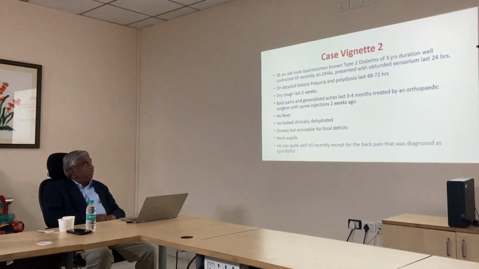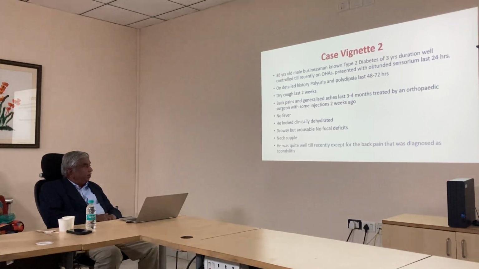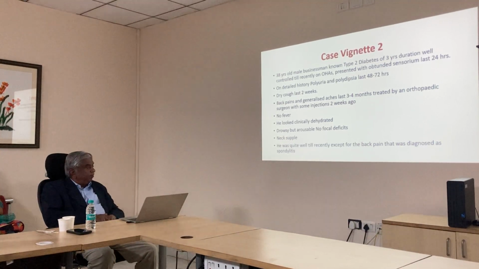On detailed history, there was polyuria and polydipsia last 48 to 72 hours, and dry cough last 2 weeks, back pains and generalized aches last 3 to 4 months, treated by an orthopedic surgeon with some injections 2 weeks ago. No fever. He looked clinically dehydrated, drowsy but arousable, no focal deficits. Neck was supple. He was quite well till recently, except for the back pain that was diagnosed as lumbar spondylitis.